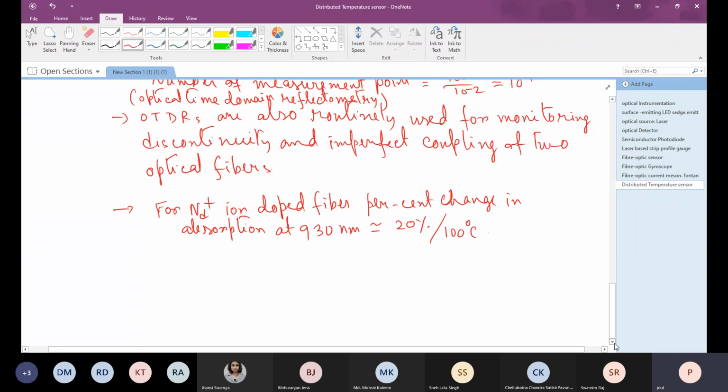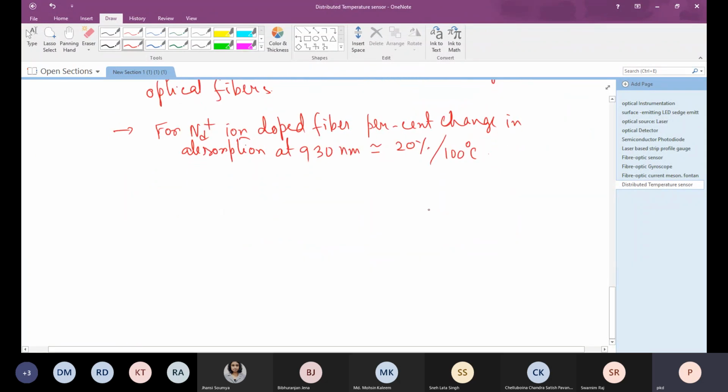So therefore, that way the sensitivity could be improved if it is doped by certain ions. The other way is that we can launch a high power pulsed laser. The OFDR, that is the frequency domain reflectometry, is similar to what we have discussed for the piezoelectric case also.